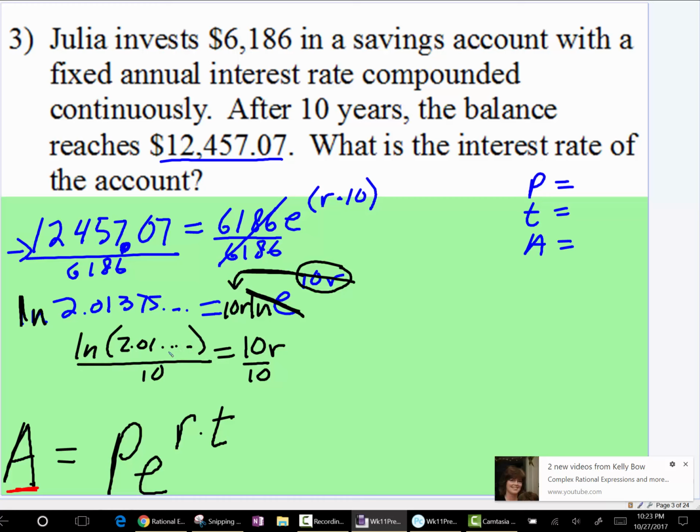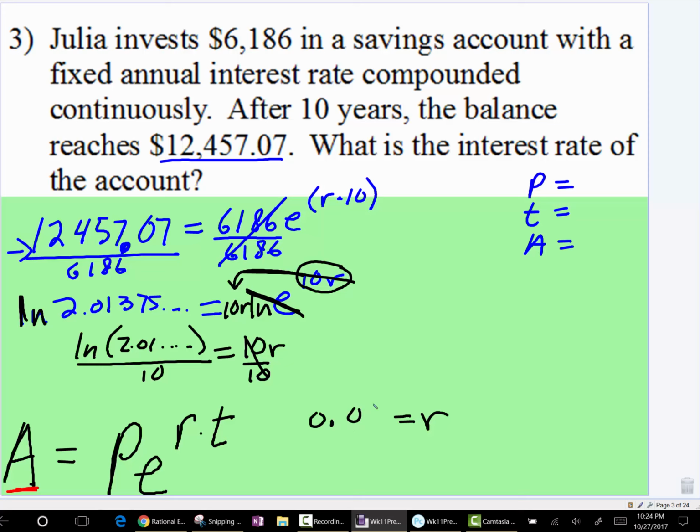So I'm going to type in natural log, second store, to pull up that number, close the parentheses, divide by 10, enter, and we get r, because the 10s cancel: 0.0699.